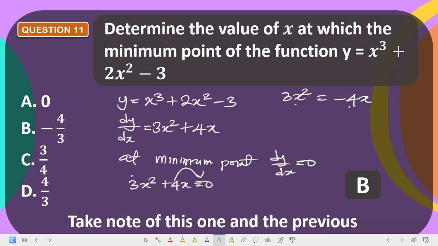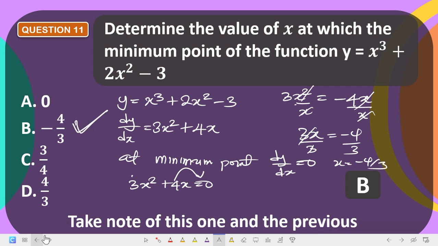Now, divide both sides by s first to make it easier. So this cancels this. Our 3s is equal to minus 4. Now to get s, divide both sides by 3. Therefore our s is minus 4 over 3, and that makes option B the correct answer. Minus 4 over 3.